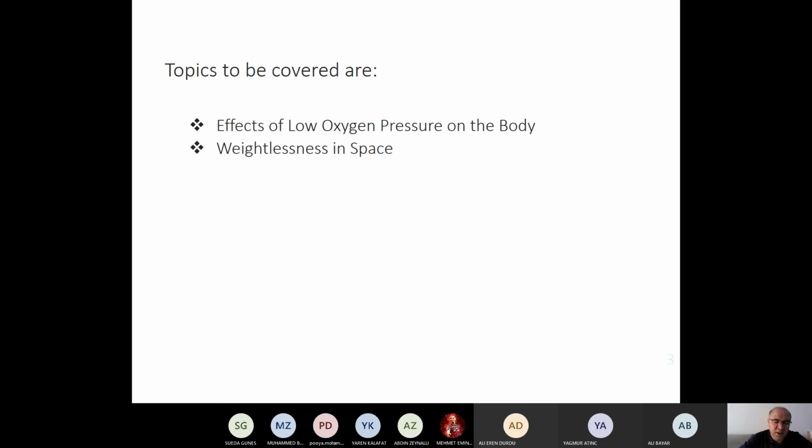What kinds of effects are due to weightlessness in space? If you stay on the moon for a while or in space stations, then what happens to your body? Especially since gravity is not that high, you will lose some of the calcium stores of your bones.